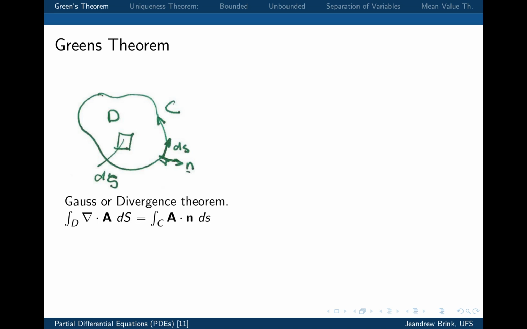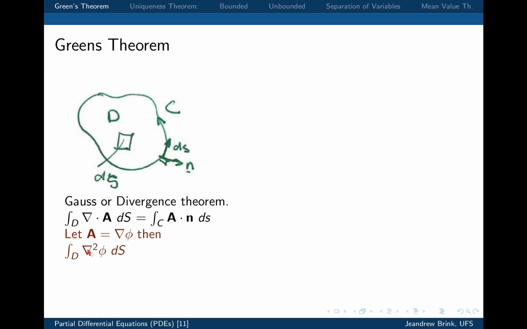Now there are a number of corollaries that result from this divergence theorem, and it's these corollaries we're going to use in proving uniqueness. We're also going to use them in establishing solutions to other partial differential equations. The first one is, let A be the gradient of a potential phi, and we substitute it into our divergence theorem.